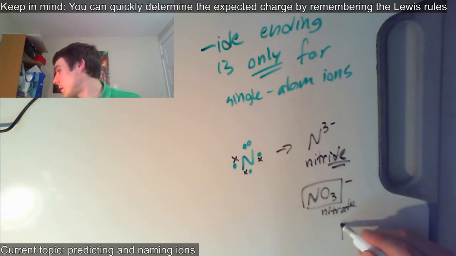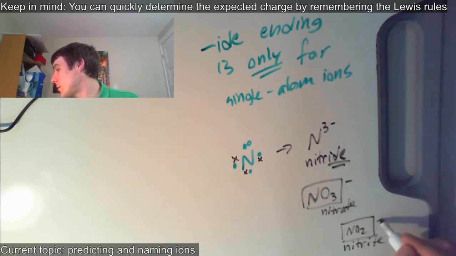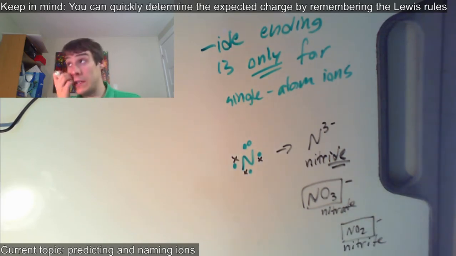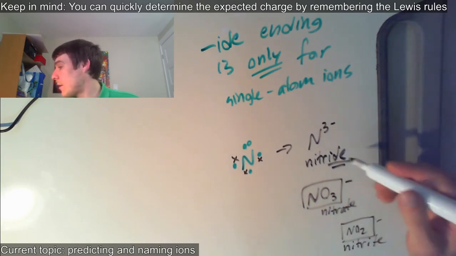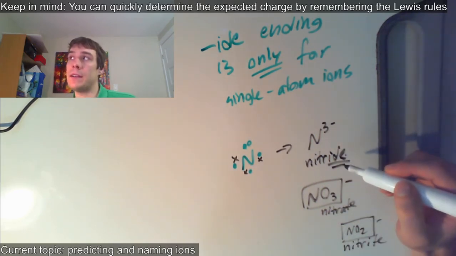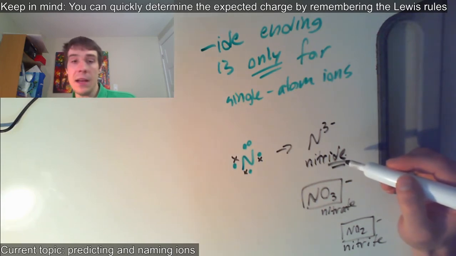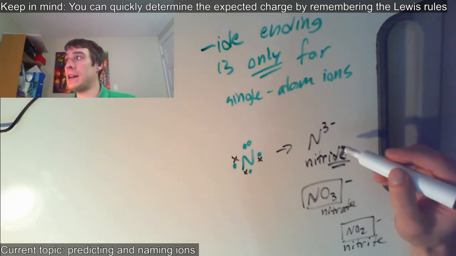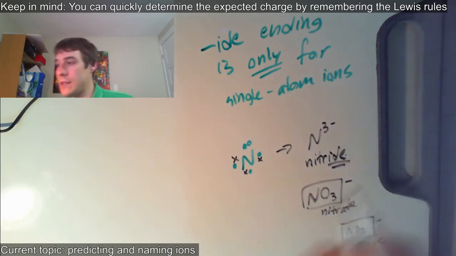There's also nitrite, NO2 minus. So there's these different ones that have nitrogen as a central atom, but only this one is a single atom ion. Only this one is an ion that came from a single atom, and that's why it gets the "ide" ending.